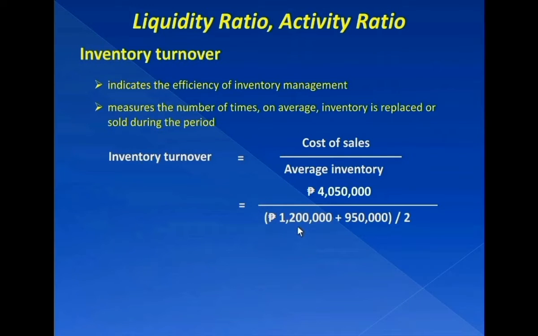The $1,200,000 beginning inventory plus 950,000 ending inventory divided by 2 gives us the average inventory, which when used to divide the cost of sales of 4,050,000 provides us with the inventory turnover of 3.77 times. Because again, inventory turnover measures the number of times on average inventory is replaced or sold during the period.